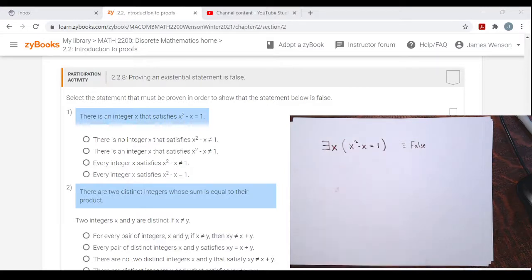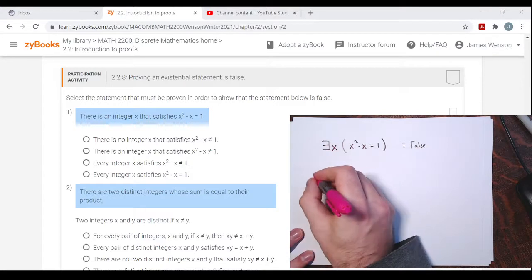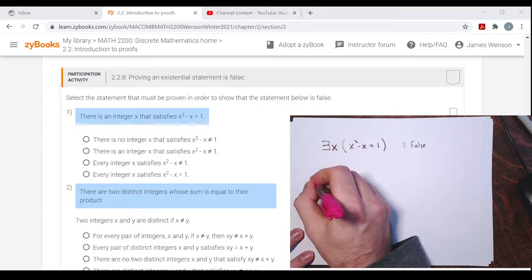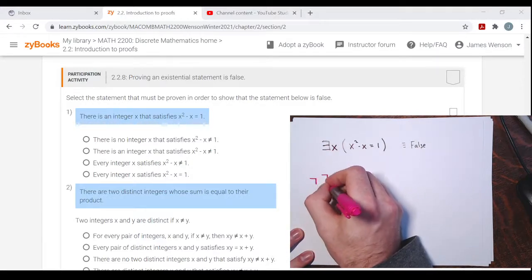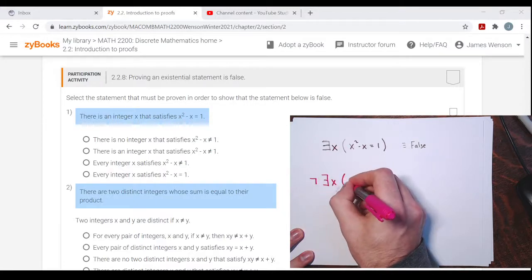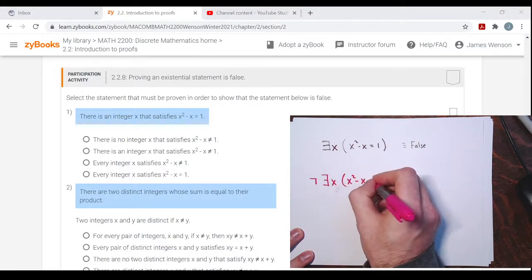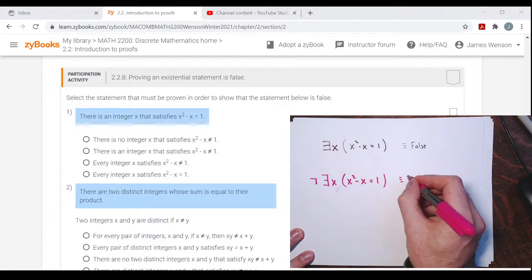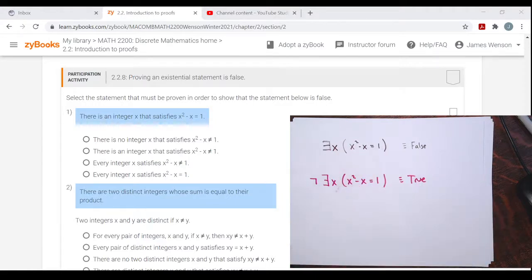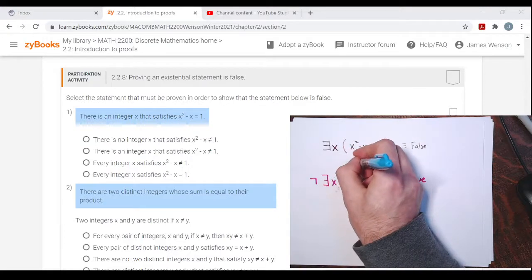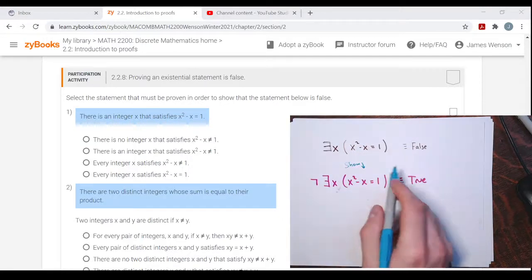In order to show that this is false, we would show that the opposite of it is true. So if I negate this, this would be a true statement, right? We would have to show that this is true in order to show that this is false.